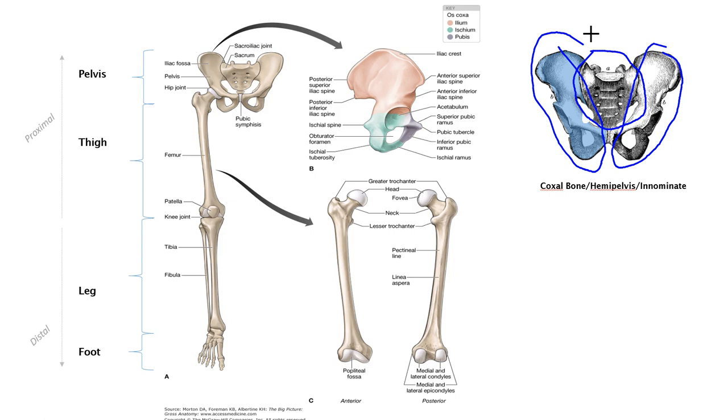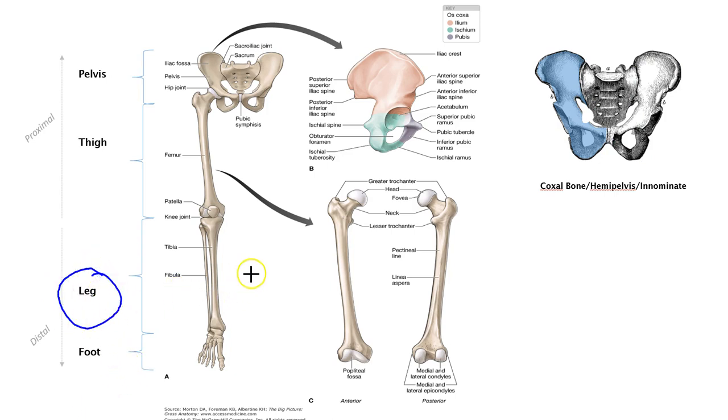The thigh is considered the area of the lower limb between the hip and the knee joints. The leg is considered the area between the knee joint and the ankle joint. And of course, the foot is distal to the ankle. In motion analysis, where I do most of my research, the leg is considered the shank, so I may say that once in a while.